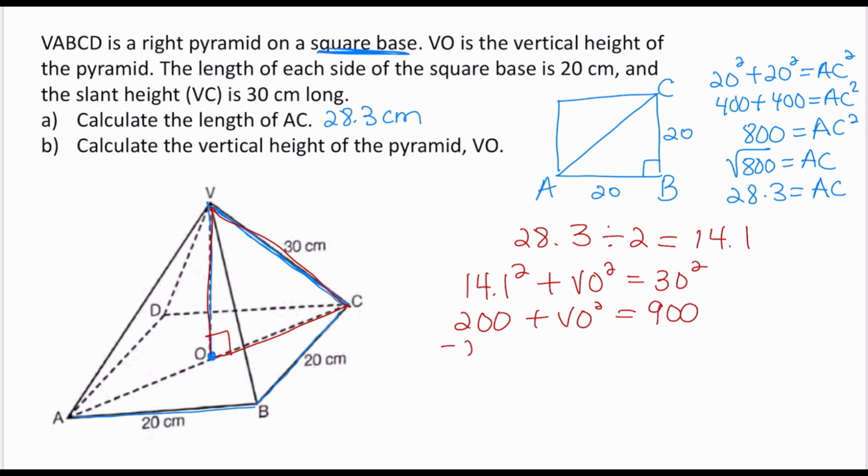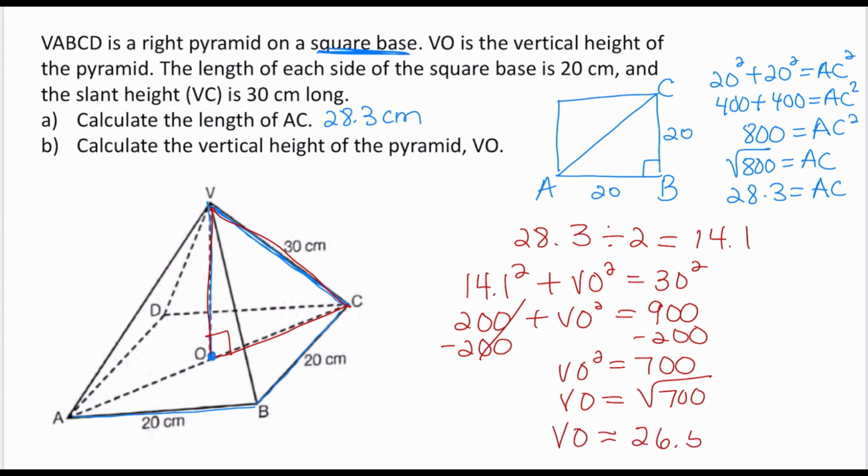Subtract 200 from both sides. I get VO squared is equal to 700. Take the square root of 700 and we get that VO is going to be approximately 26.5 centimeters. So while the length of AC was 28.3, then VO is 26.5 centimeters.